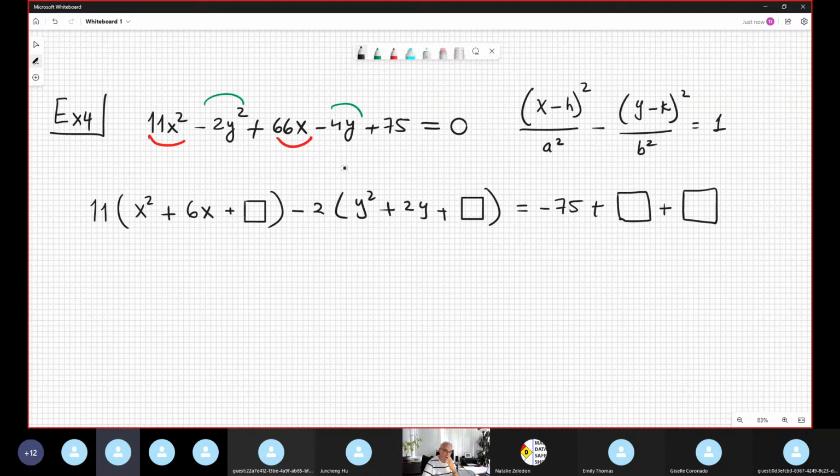Because when you find that number, you take 6 divided by 2, squared. I put 3 because I am dividing mentally. Okay, 6 divided by 2 is 3. 3 squared is 9. This 9 I put here. Likewise here, you take 2 divided by 2 is 1. Square of 1, and this one I put here.